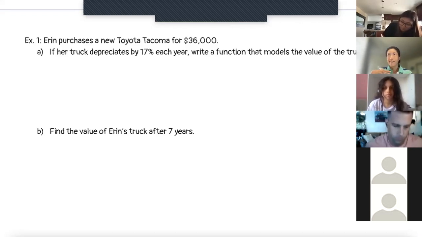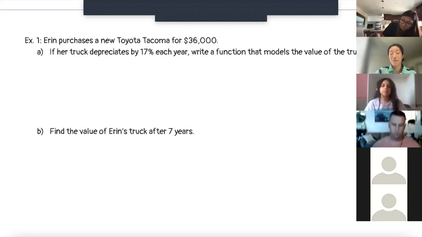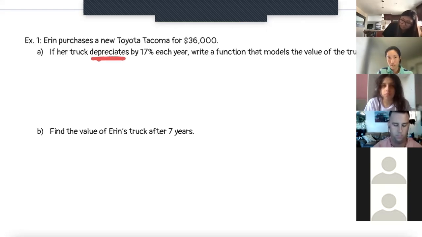Now, one thing that is a good thing to know about cars is that most cars do this. They depreciate.